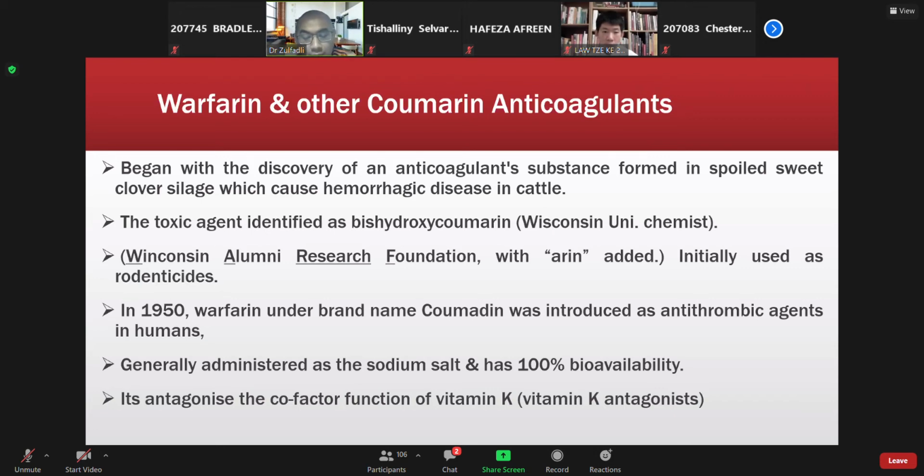Vitamin K is needed to produce the coagulation factors. Okay, later we will see which factors are produced or converted by the vitamin K.